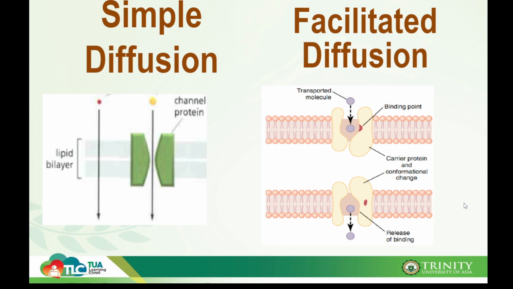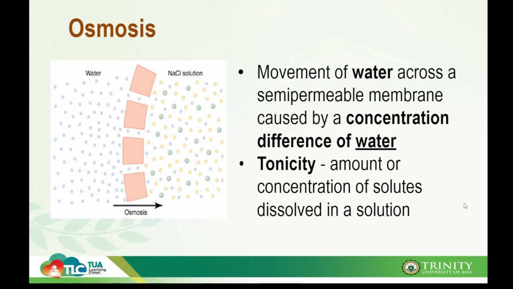Another thing before we move on, or that I want you to remember about diffusion, is that when we talk about diffusion, we are talking about the concentration of solutes. Okay? Concentration of solutes. So we want the solutes to move from an area of higher concentration to area of lower concentration. I had to emphasize that because we have another type of passive transport, which is called osmosis.